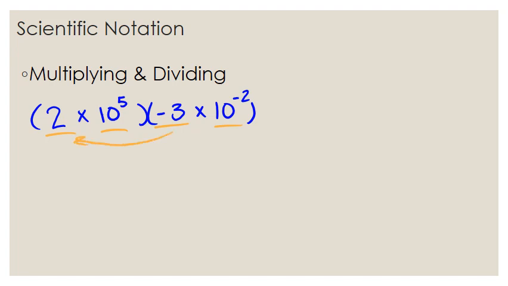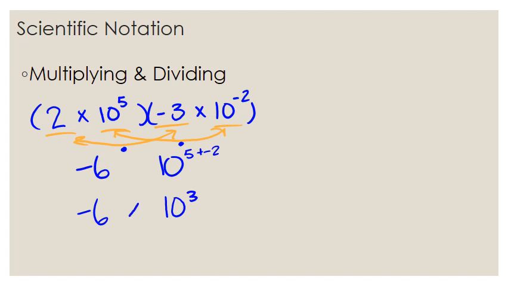So I'm going to take care of the items that are easy to multiply together. A 2 times a -3 is a -6. And then I have like bases. So when I multiply like bases, I keep the base, which means I add the exponents. So 5 plus -2 would give me a positive 3. We still need that times in the middle, so -6 times 10 to the 3rd.